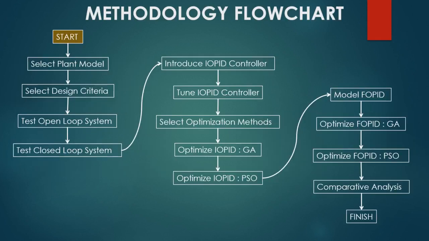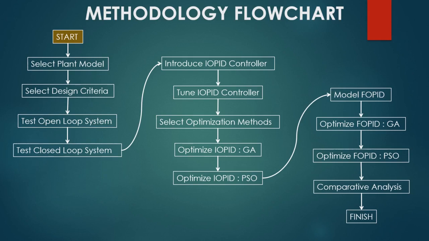The work methodology for this research work starts by selecting a plant model which we would be considering for our analysis. Then we would select an optimal design criteria based on which we would be evaluating our different controllers. Then we would test the open loop system response, and after that we would introduce a unity feedback system. After that we would use integer order PID controllers and tune the PID parameters manually.